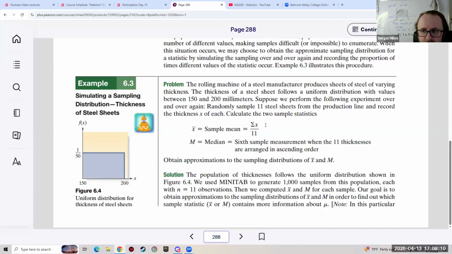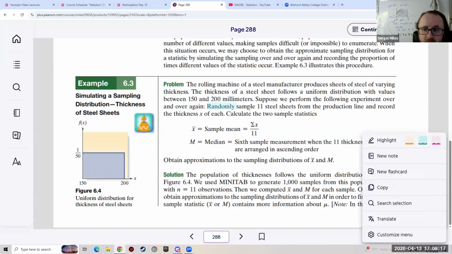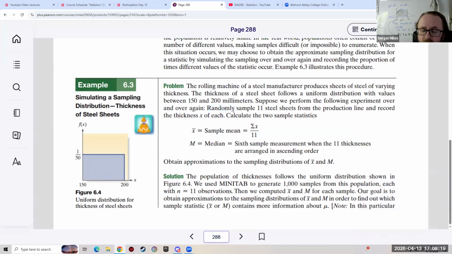We collect samples. So for this experiment, again, randomness is important for a sample to be trustworthy. We randomly sample 11 steel sheets from the production line and record the thickness of each. So we collect a sample, we measure their thickness, do that for the entire sample. X bar is the sample average, the sum divided by 11, since that's the sample size.